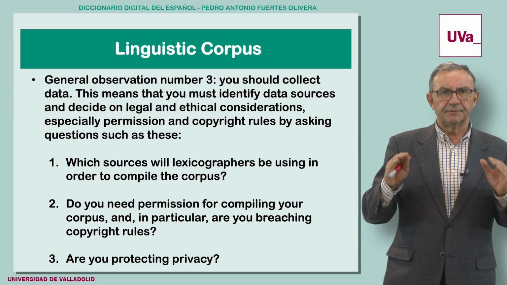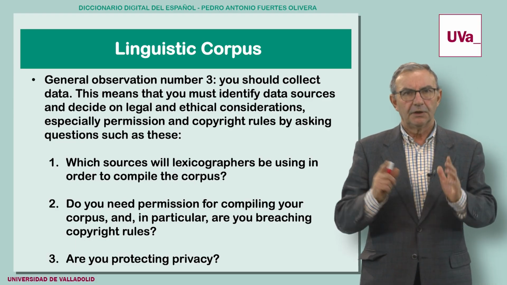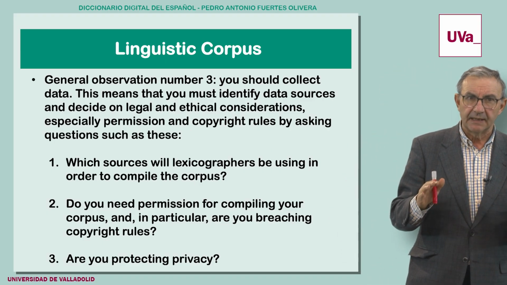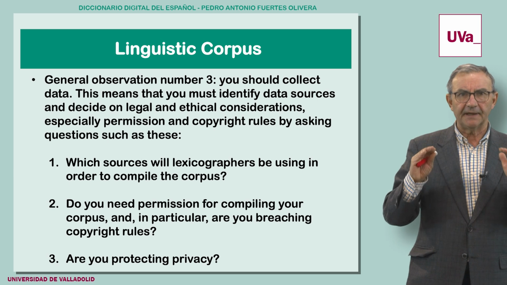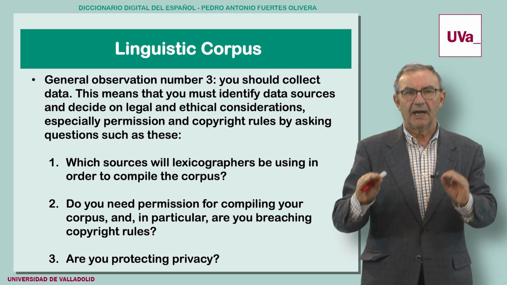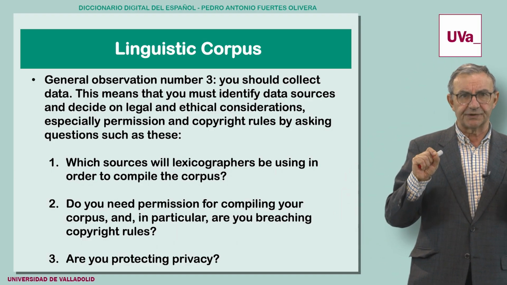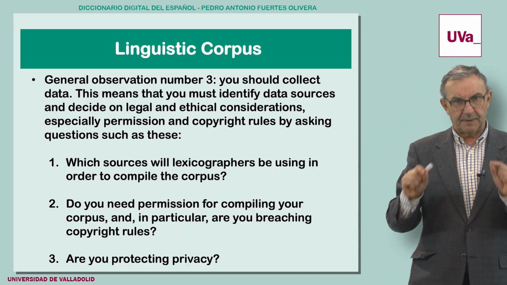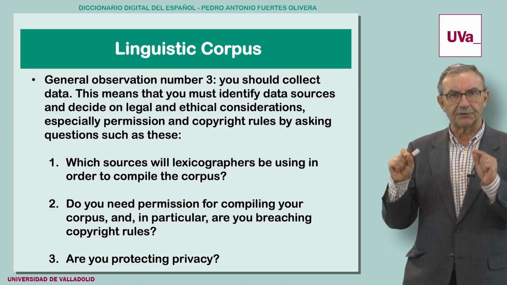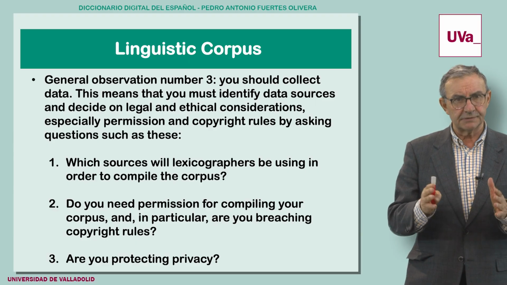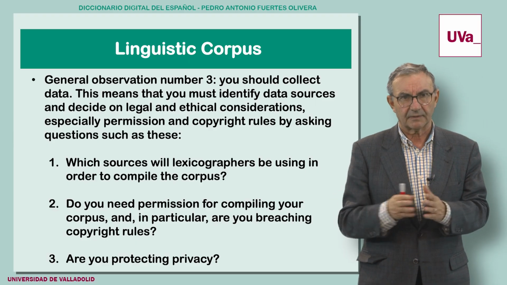General observation number 3. You should collect data. This means that you must identify data sources and decide on legal and ethical considerations, especially permission and copyright rules, and you can do that by asking questions such as this.